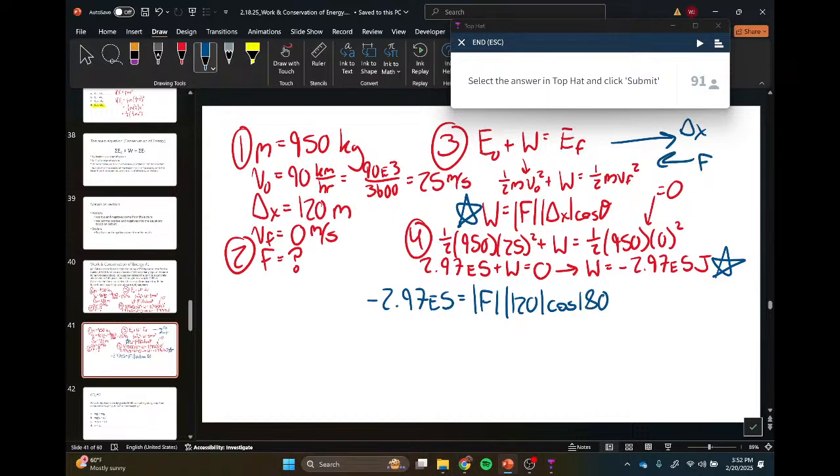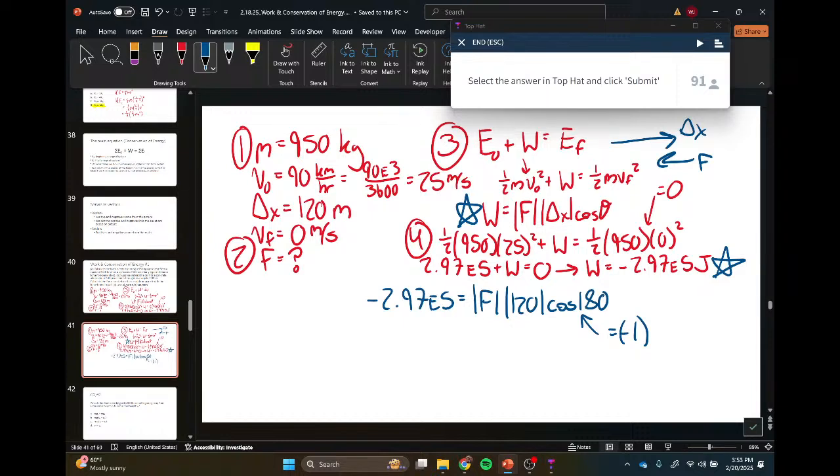This is going to be cosine of 180. If you miss this, it's not a huge deal, but otherwise it doesn't make sense: I'd have a negative answer equaling positive absolute values. Where does the negative come from? Cosine of 180 equals -1, which gets rid of the negative for us.